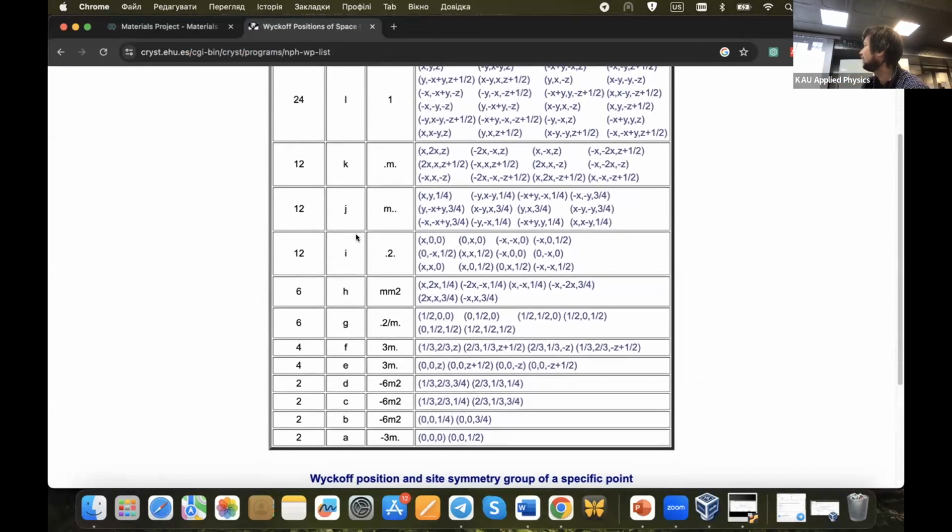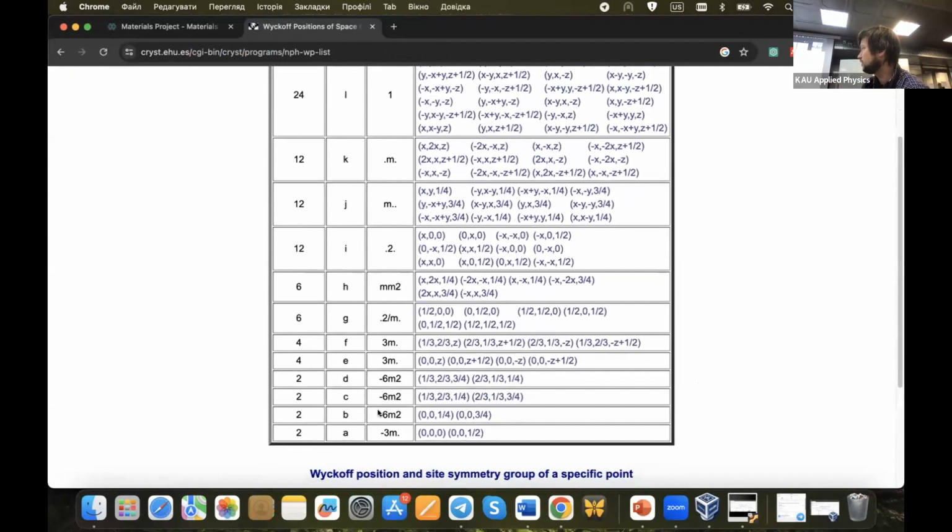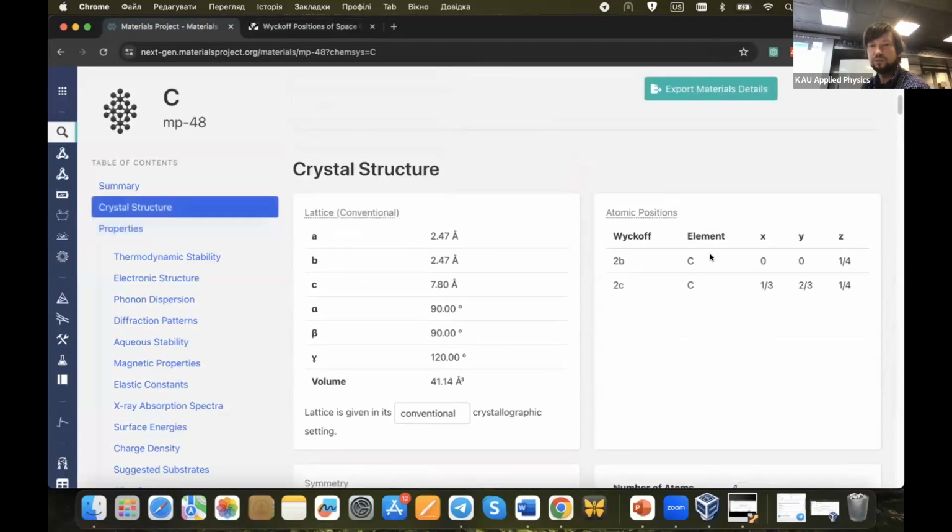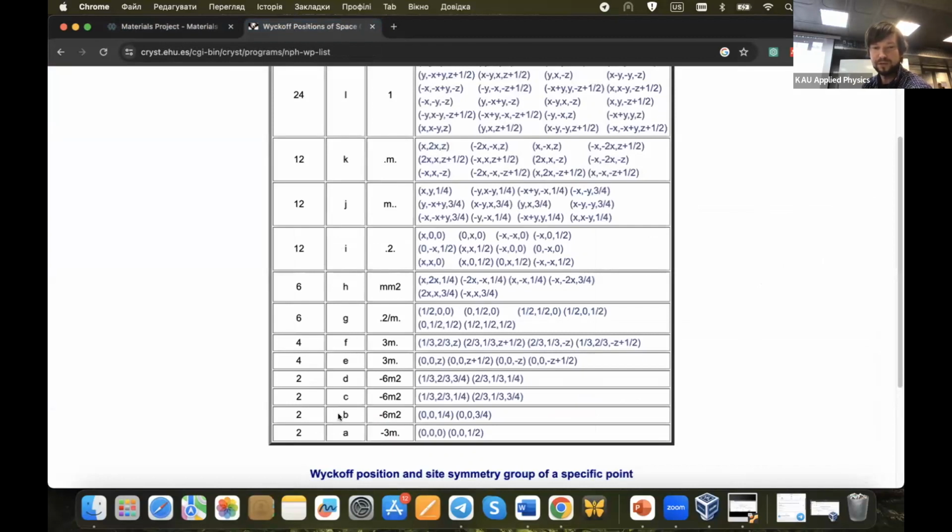We can take all these symmetry operations, and we can take the coordinates of equivalent positions. For example, for 2B, you remember in Materials Project, it was 2B, 0 0 1/4. Here you see that for 2B, we have 2 atoms.